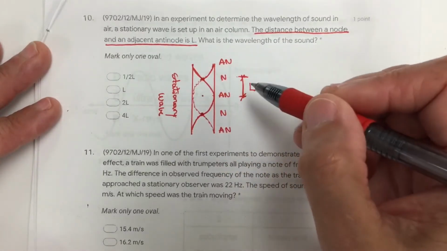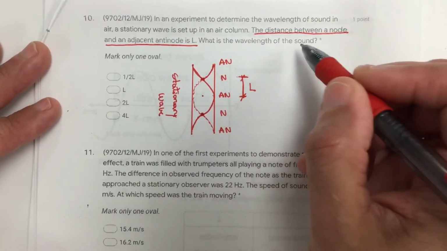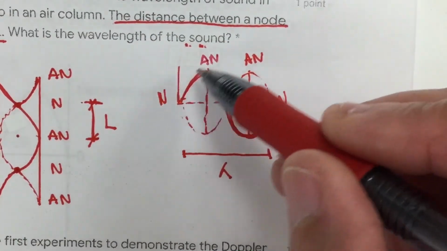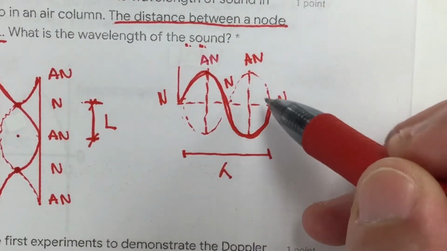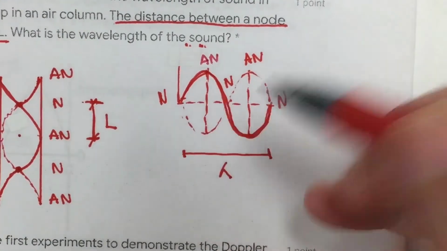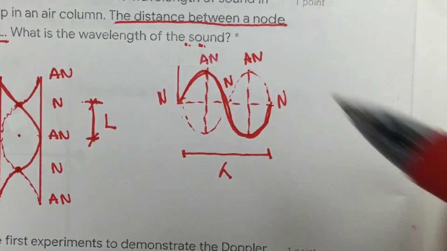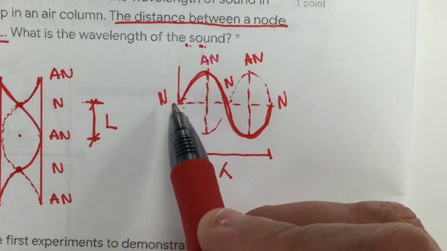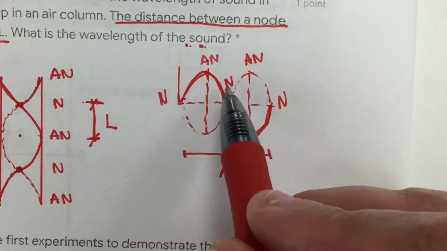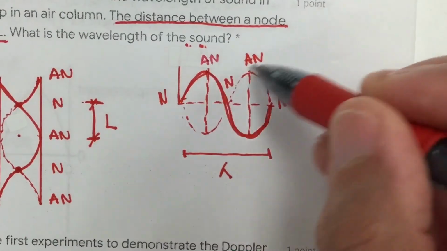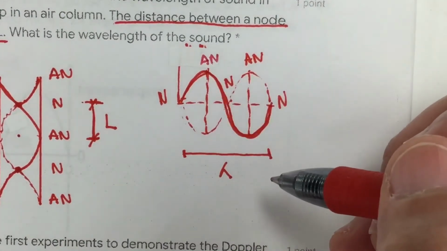So based on this, what is the wavelength of the sound? Now we have this wavelength right here, just one, and this is the reflected one, and both together form a standing wave. Now, our node is here, that is no vertical displacement, and we have in the center here the antinode.